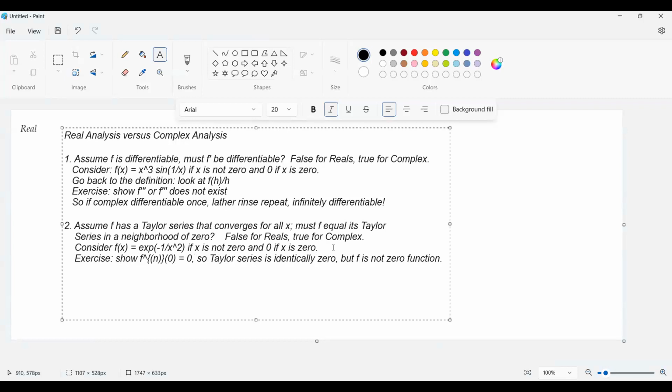It turns out this function isn't even complex continuous. Take z equals 1 over iy with y going to 0, and you'll see the function explodes. So these are two nice examples of how different real analysis is from complex analysis. Let me just save that for later. Any questions on the first two examples?